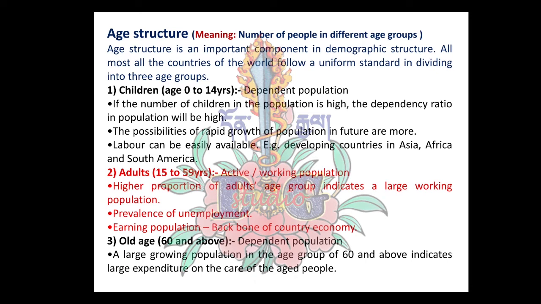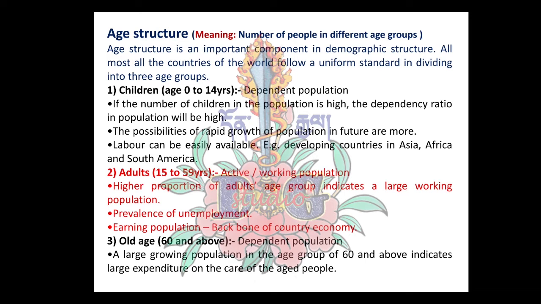So if a particular country has a large number of adult age group, then it indicates a large working population. If a particular country has a large number of people belonging to this age group, then they may face some problems such as unemployment problems.